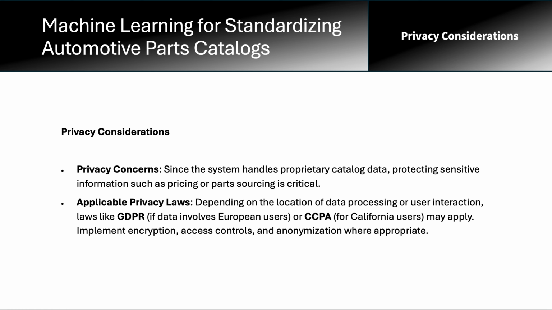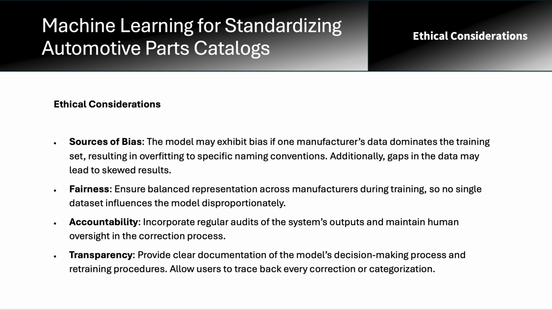Applicable privacy laws depend on the location of data processing or user interaction. Laws like GDPR, if the data involves European users, or CCPA for California users, may apply. Implementation: encryption, access controls, and anonymization are used where appropriate.